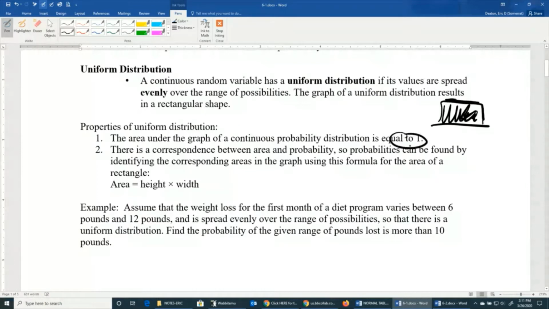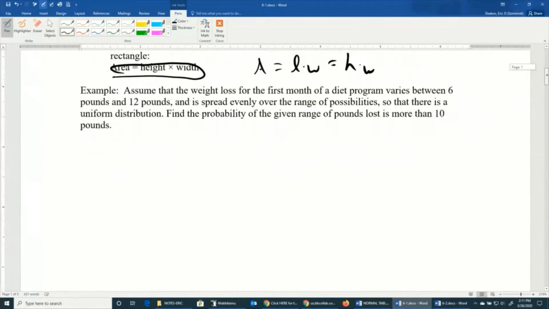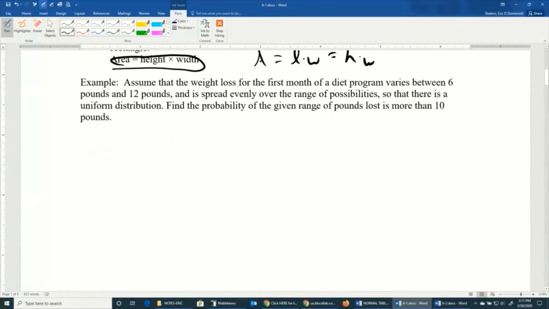I'm going to use this formula, area equals height times width, to help us find some probabilities. This is going to be the width, as it normally would be, and this is the height, or you can think of it as the length. It's very similar to area equals length times width, but we're just going to use h times width. Let's look at an example to see what's going on.